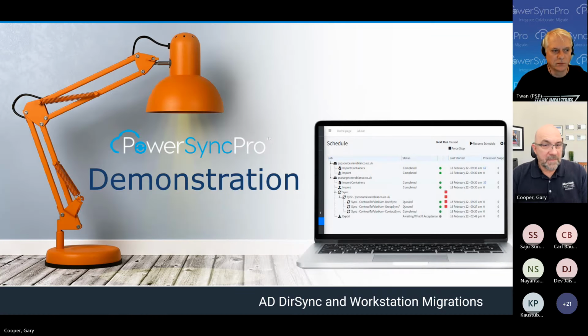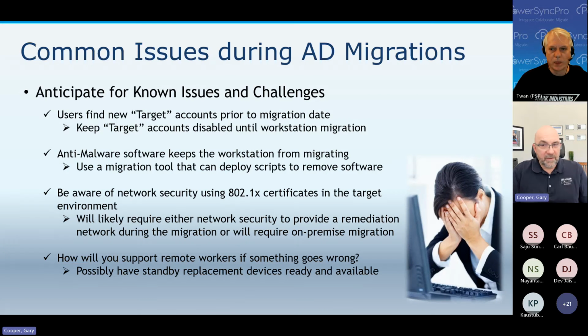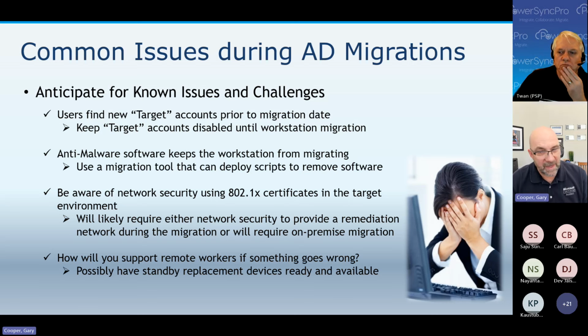Let me jump to where we were. So lastly, before we get to a question and answer, is just some things that we see, and this is not an exhaustive list. These are things that we see more commonly, but things that are important nonetheless. So first one is when you have synced the source user accounts to the target, if they're active, and they might need to be activated immediately because maybe there's an application that some users or all users need to start using.